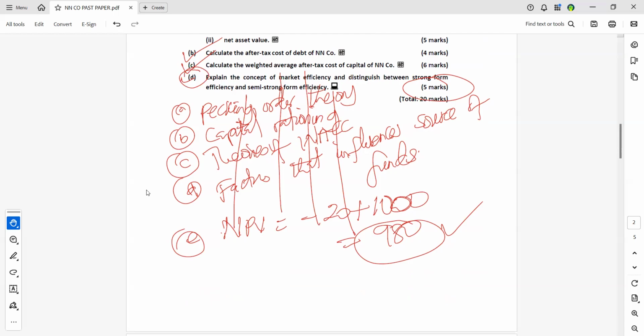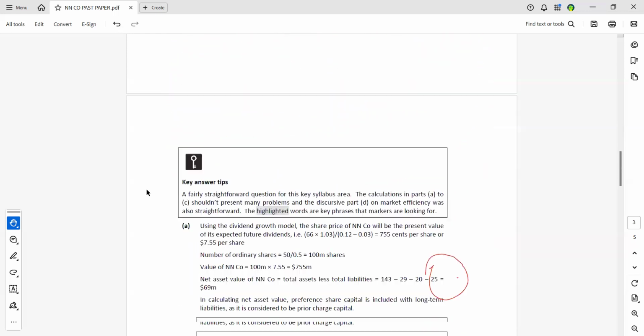Explain the concept of the market's efficiency and distinguish, pregnant question, and distinguish between strong form efficiency and semi-strong form efficiency. Here, the question requires you to do two things. First of all, explain the concept of efficient market hypothesis. It doesn't end there. Distinguish between strong form and semi-strong form efficiency.